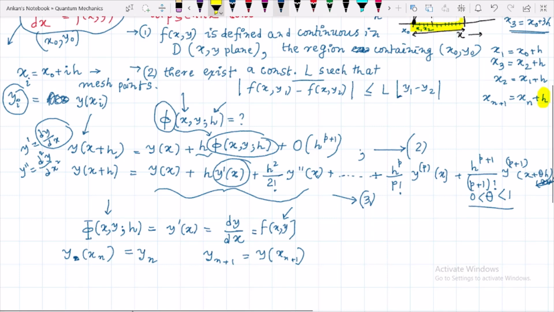So put it in this equation and you can write y at xn plus h, where n may be 1, 2, 3 and so on.